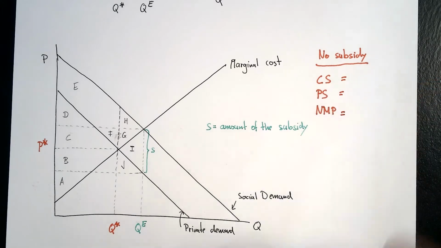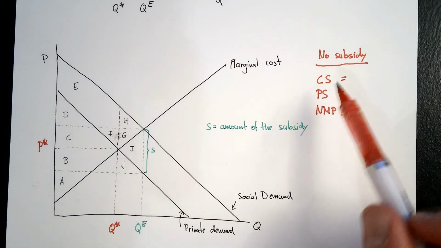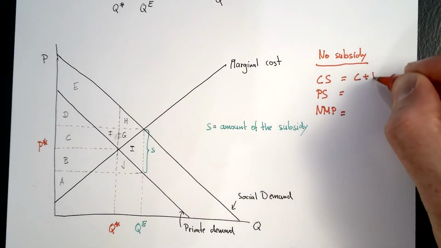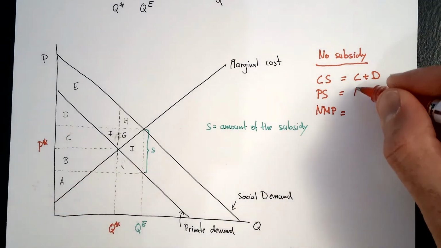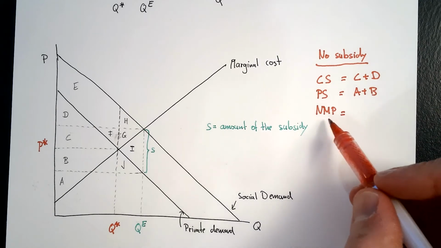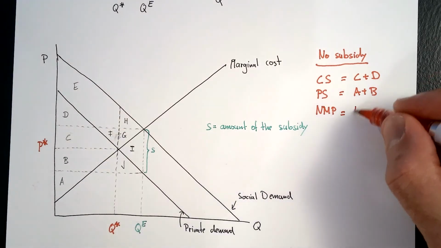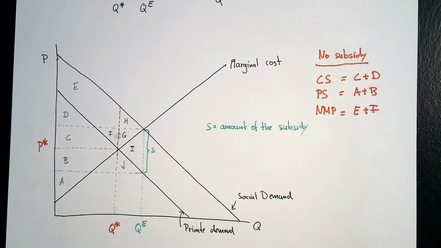In the case of no subsidy, the consumer surplus is simply C plus D. The producer surplus is A plus B. And the benefit, or the surplus, to non-market participants is E plus F. That is the case with no subsidy and in the absence of any intervention.